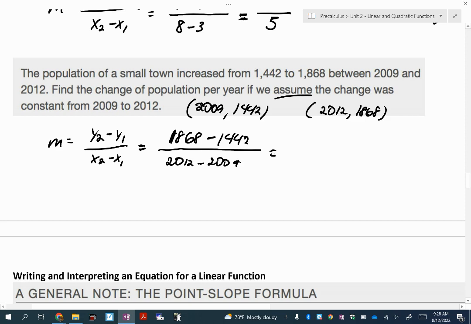So 1868 minus 1442, let's see if I can get that for you. That is 426. All right, and that's over 3 years. So if I want it per year, we're saying 142 people per year.